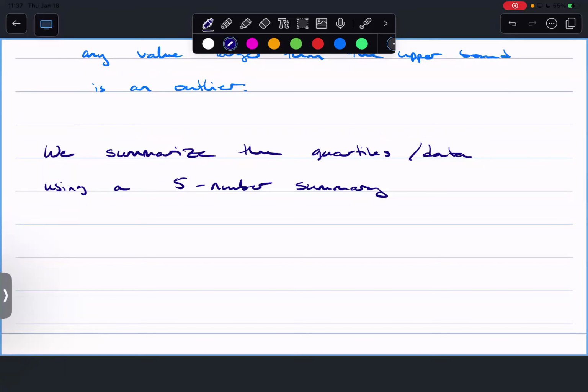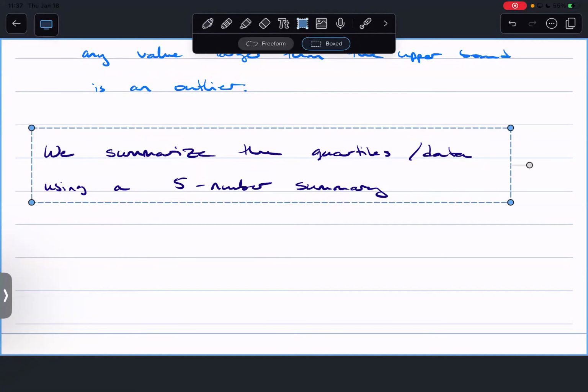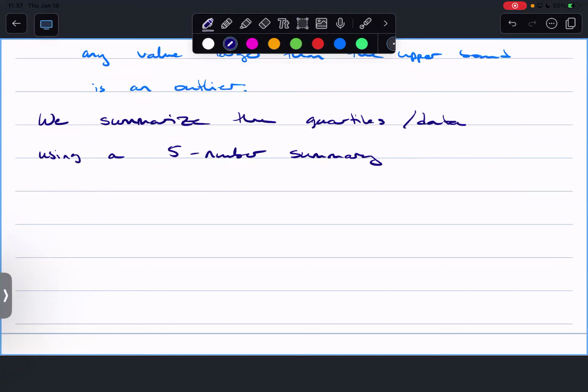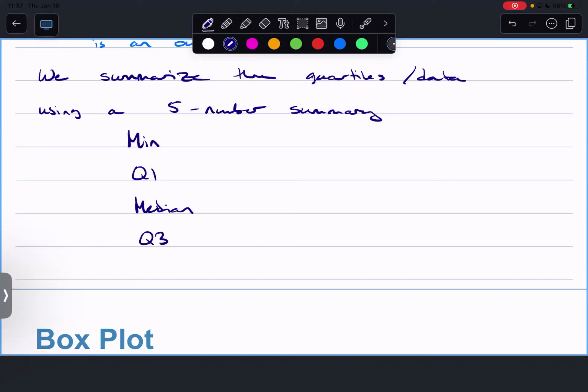Now a 5-number summary: 1, 2, 3, 4. I obviously need 5 lines, so I'm going to give myself 5 lines. A 5-number summary starts from the minimum. So what's your smallest value? Then you move through Q1, then the median, Q3, and then the maximum. You have to list them in this order.